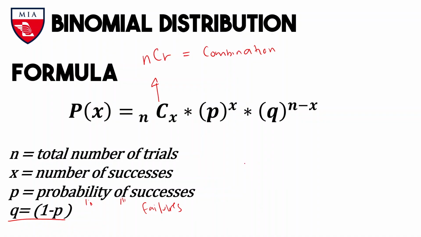Always remember that p is the probability of successes and q is the probability of failures.